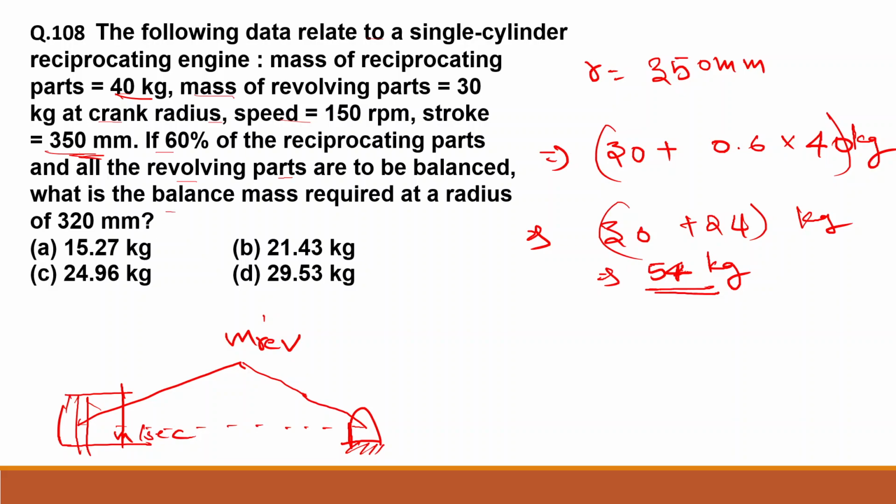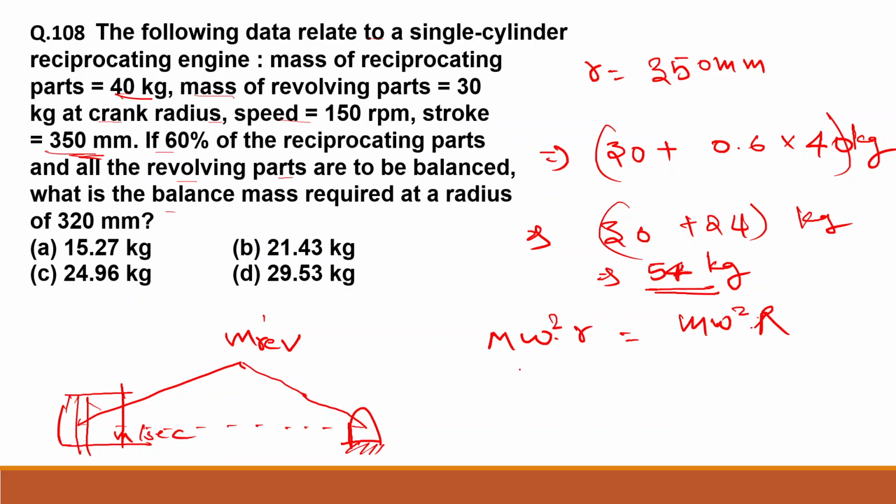Okay, after getting the mass to be balanced, the balanced part equals the balanced mass. I will write here m w square into r is equal to m w square into r. This one is the mass to be balanced part, and this one is the balanced mass.